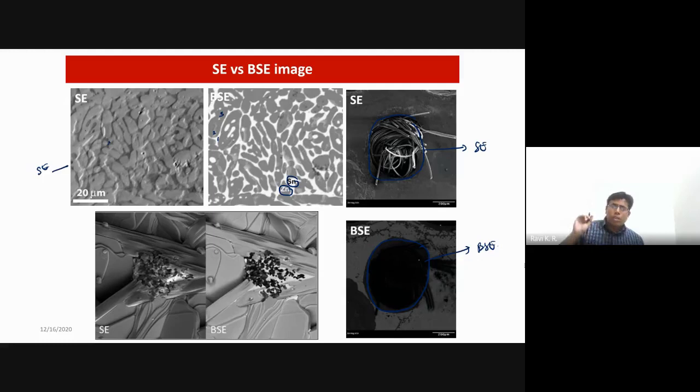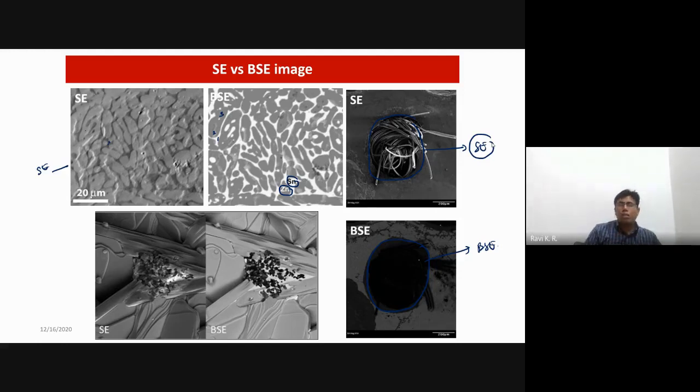That's the main reason why we generally use secondary electrons for any surface. There is going to be a high difference depending on the etching or the morphology. You start seeing a lot of morphological and topographic differences, so you start getting a contrast. That is going to be better compared to the backscatter electron.